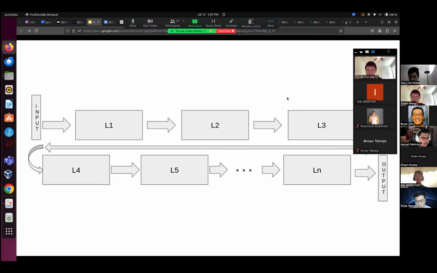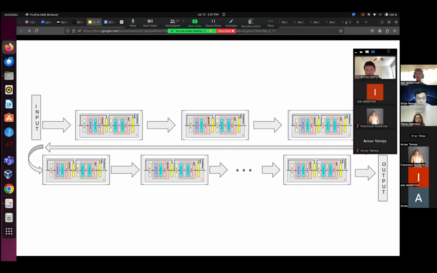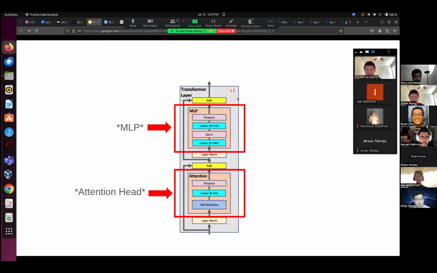But then we need to zoom in a little bit because every one of these layers has a bunch of different sections in it. So let's take a look at each section. Here's the transformer layer, zoomed in a bit, and each transformer layer contains an attention head and a multi-layer perceptron, which also each contain even more sections. So now let's zoom in even more.